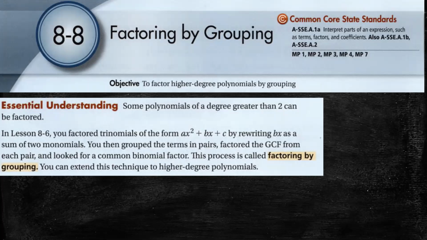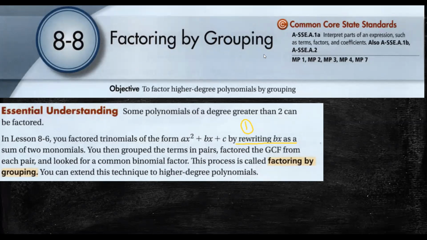Now, in lesson 8.6, we factored trinomials of the form ax squared plus bx plus c. What did we do? The first step, we rewrite bx as a sum of two monomials.